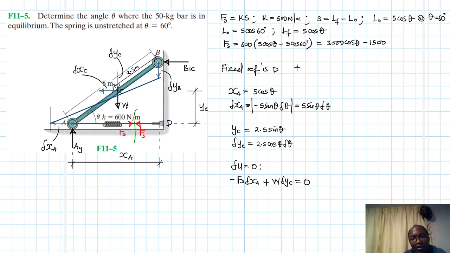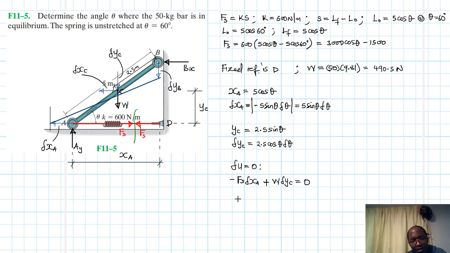Let me just calculate W. W in our case is just going to be equal to 50 kg by 9.81. Once we do the calculation, 50 by 9.81 gives us 490.5 newtons.